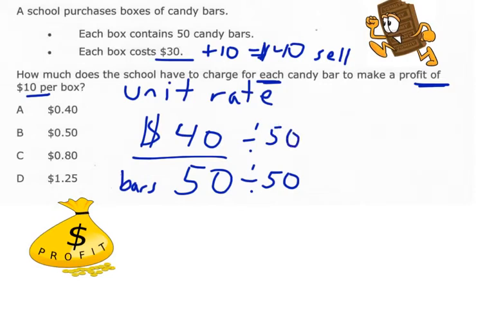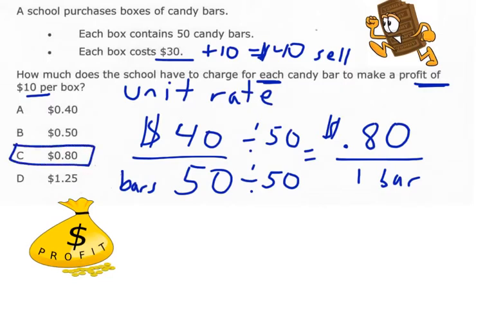So 40 divided by 50, and remember, you can use a calculator here, is 4/5, but I know 4/5 is 0.8, because that would be 8/10. So I don't need a calculator there. I'm going to say 0.8 is how much it is for one bar. And remember your units, that's dollars. So if we have $0.8, that really means 80 cents is what we're looking at. So that would be answer choice C.